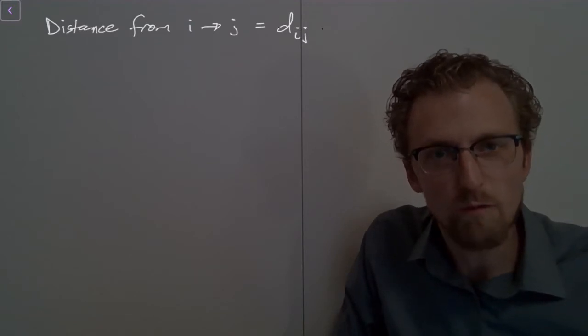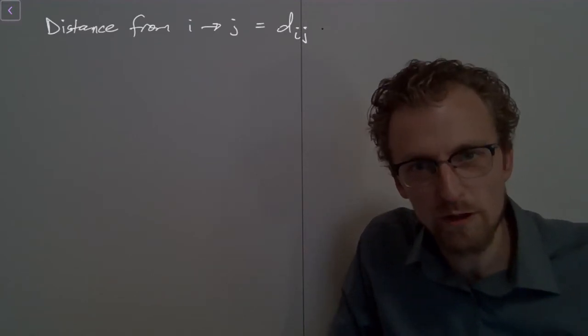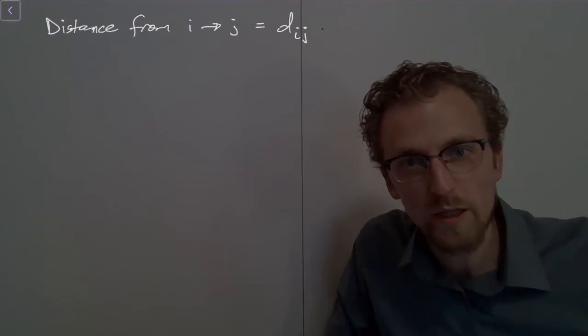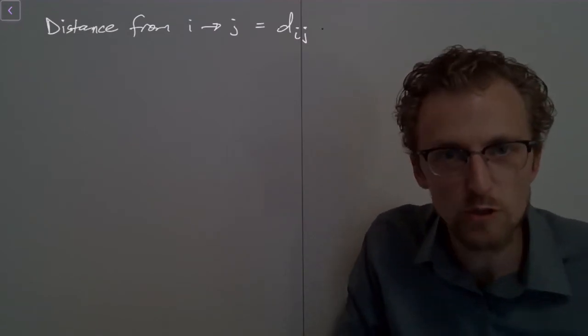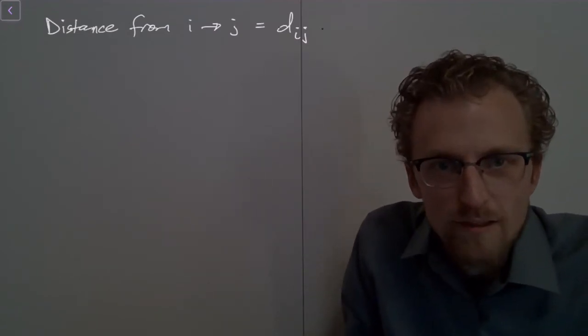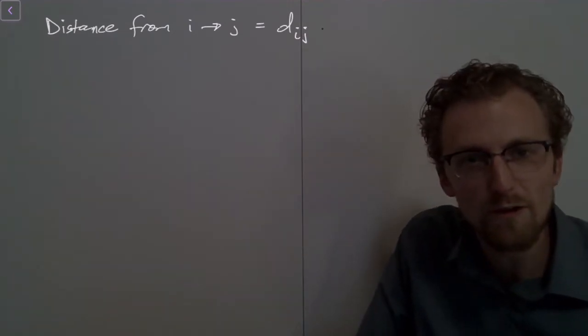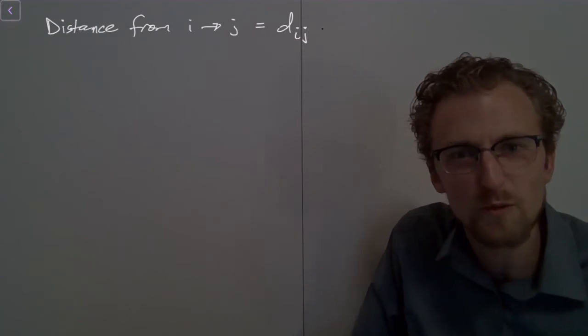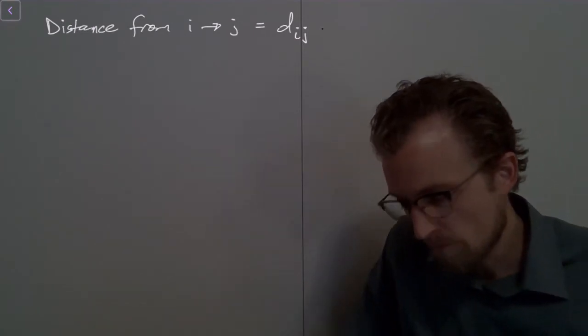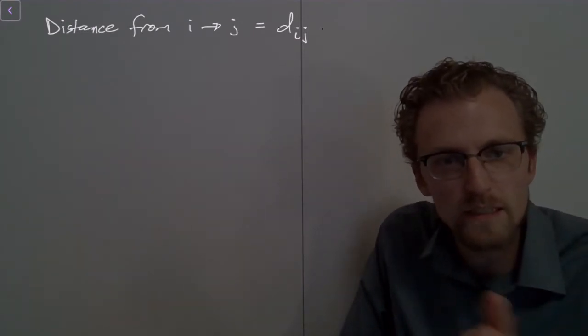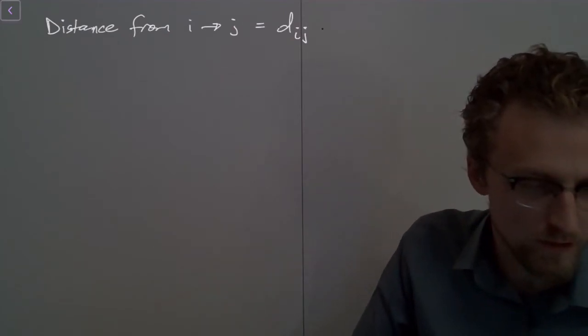But you're going to feel different if you walk from here to the top of Pikes Peak versus walking from the top of Pikes Peak to here. Those have two different costs. And I know this from my personal experience with Pikes Peak Marathon stuff over the summer. There's a difference between going up and going down. So the distance could be different in different directions, just as a note.